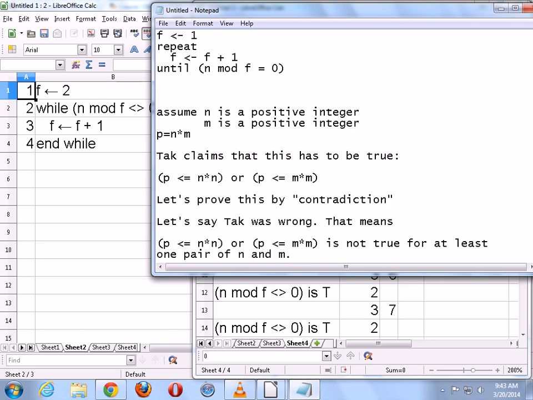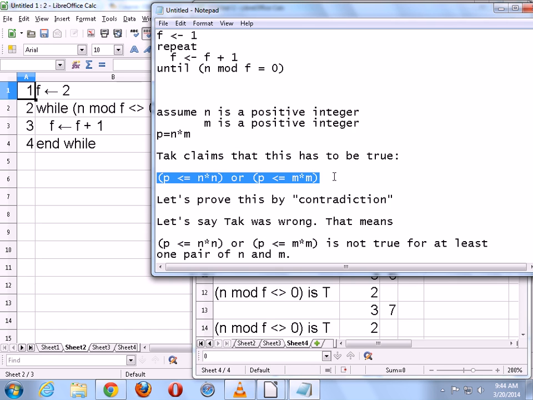Is that making any sense? Because my claim was, if you give me an n that is a positive integer, and an m that is a positive integer, and define p to be the product of those two numbers, this has to be true for all pairs of n and m. That was my claim.